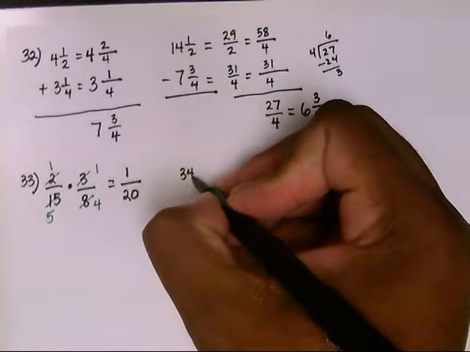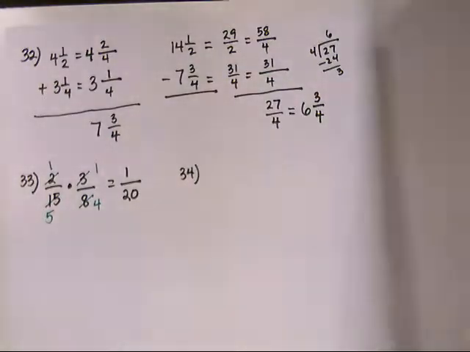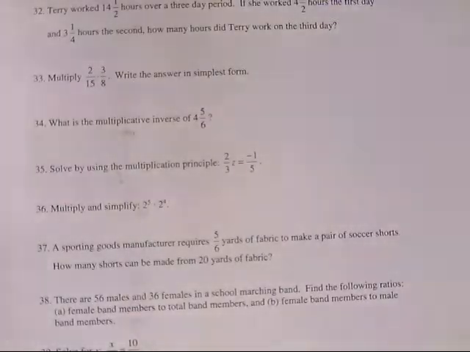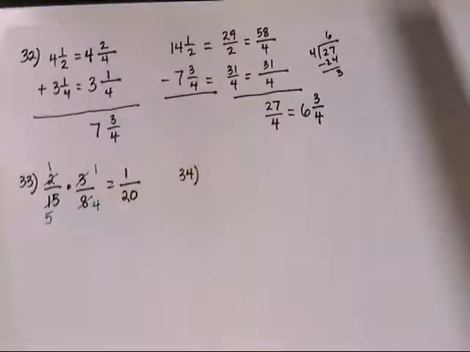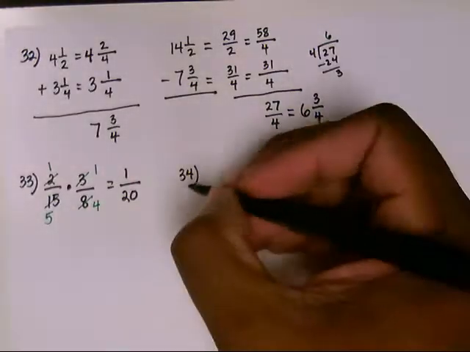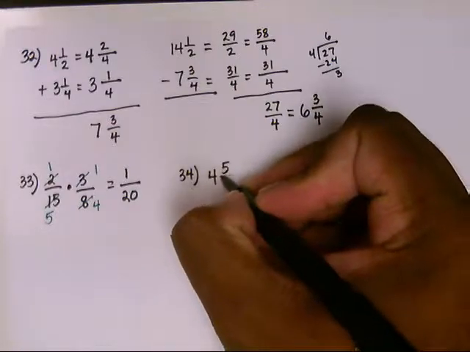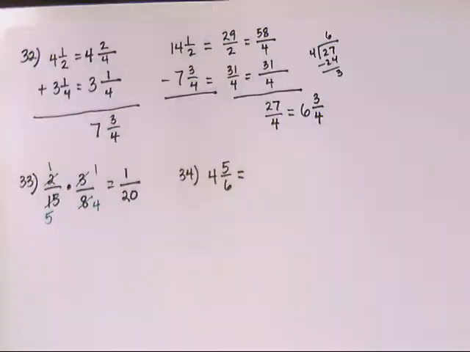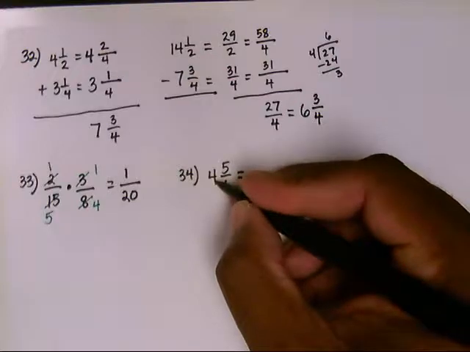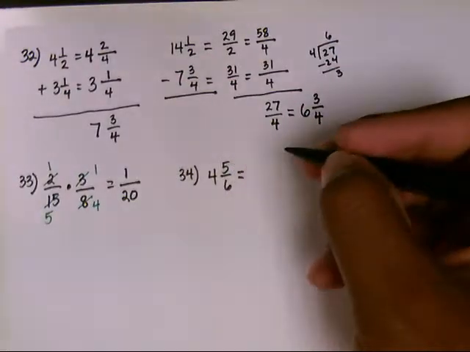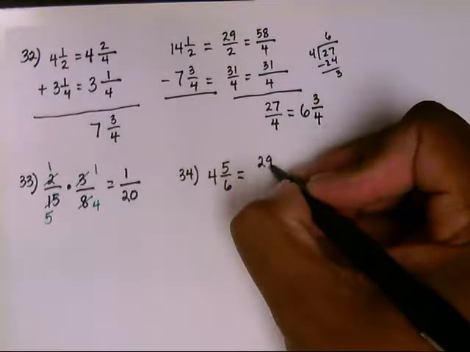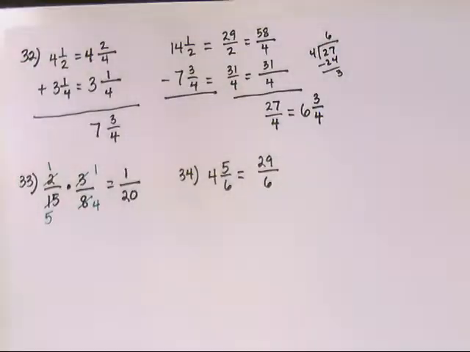Okay, number 34. What is the multiplicative inverse of 4 and 5/6? In other words, what would be the reciprocal of 4 and 5/6? The first thing you need to do here is change that to an improper fraction. So if I do 6 times 4, that's going to be 24. 24 plus 5 would give me 29 over 6.